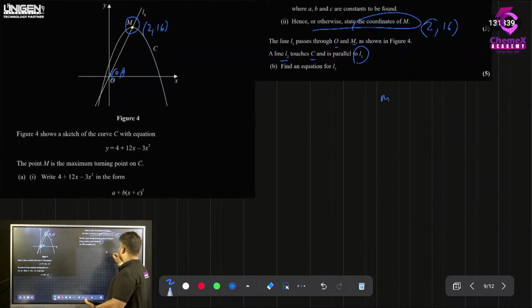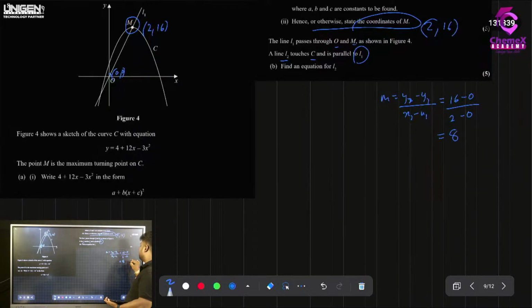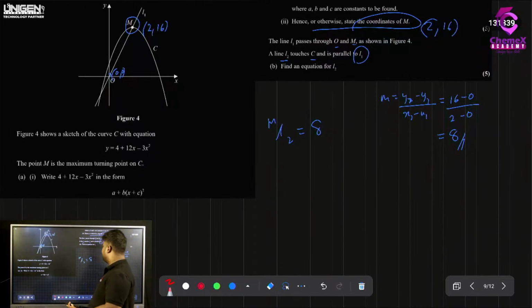Don't say you don't know the equation. Here 16 minus 0 over 2 minus 0, that's 8. If it is parallel, L2's gradient is also what? 8. Do you understand or not? L2 will also have 8 as the gradient.